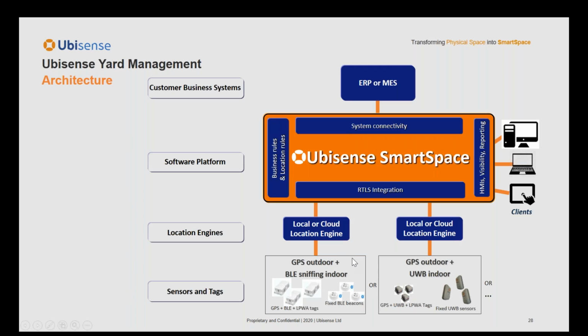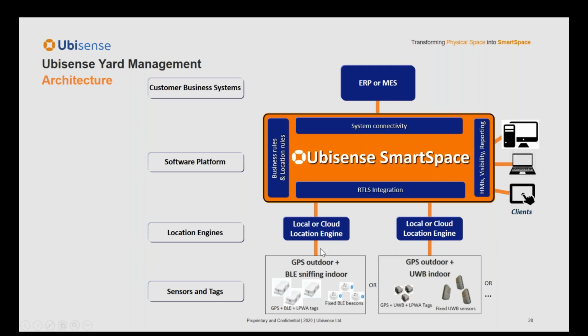One option where you track using GPS outdoor and BLE sniffing indoor, where you don't need high precision. Another one where you use GPS outdoor and you want more precision indoor, where you will use ultra wideband indoor. And that's embedded into the same device. A tag or a device is the thing we attach to the product to track it indoor and outdoor.